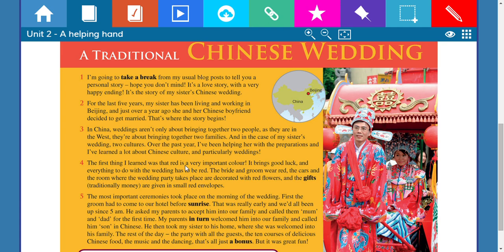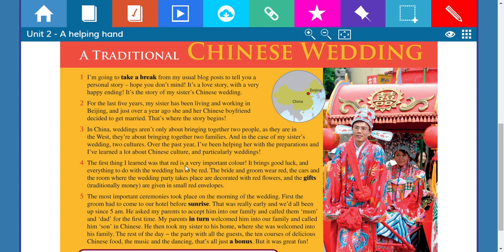In China, weddings aren't only about bringing together two people as they are in the West. They're about bringing together two families. And in the case of my sister's wedding, two cultures. Over the past year, I've been helping her with the preparations, and I've learned a lot about Chinese culture, and particularly weddings. The first thing I learned was that red is a very important colour.